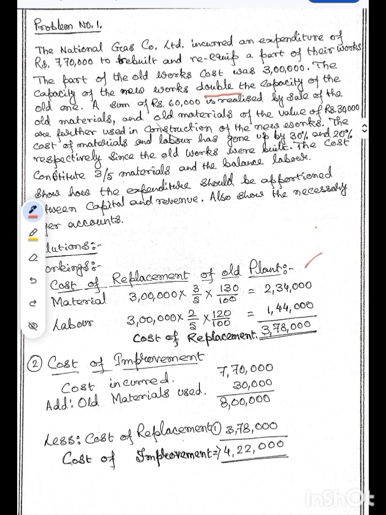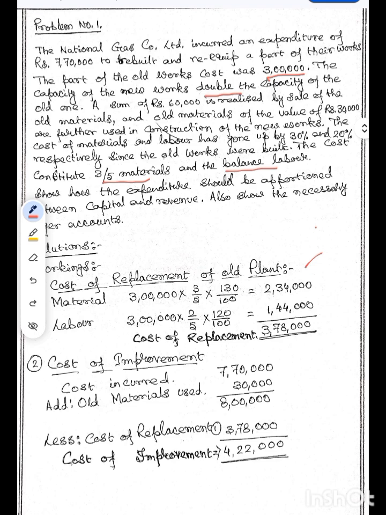plant. Suppose we reconstruct the old plant as of today, what is the expenditure that we have to calculate? In the problem it is given that it is 3/5 on material and balance on labor. Another point is that material cost has increased by 30% and labor cost by 20%, and the old works cost was 3 lakh.